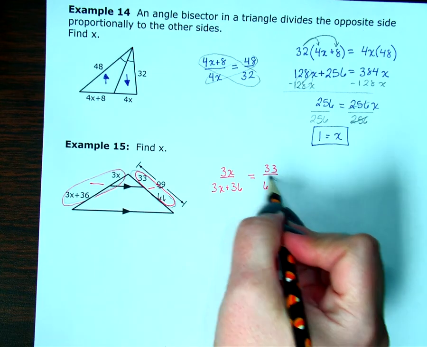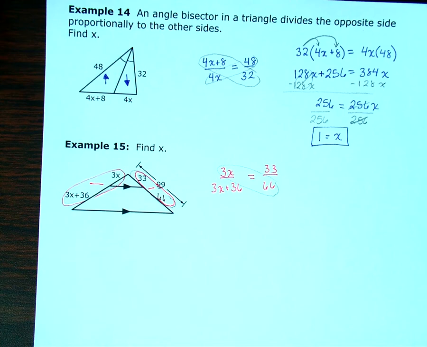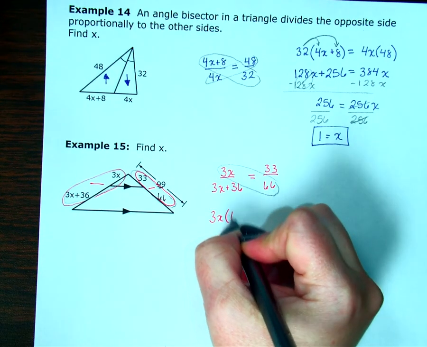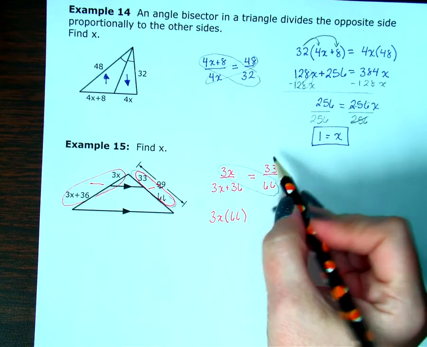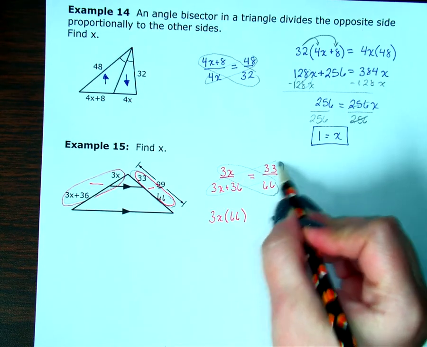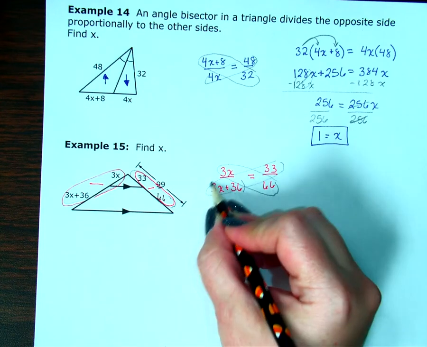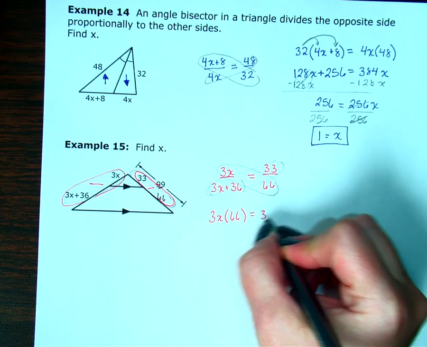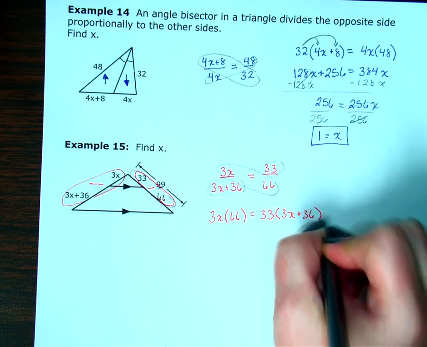When I cross multiply, 3x times 66, and on the other side, because I have 3x plus 36, two terms there, I need to make sure I put that in parentheses when I rewrite it. So 33 times (3x plus 36).